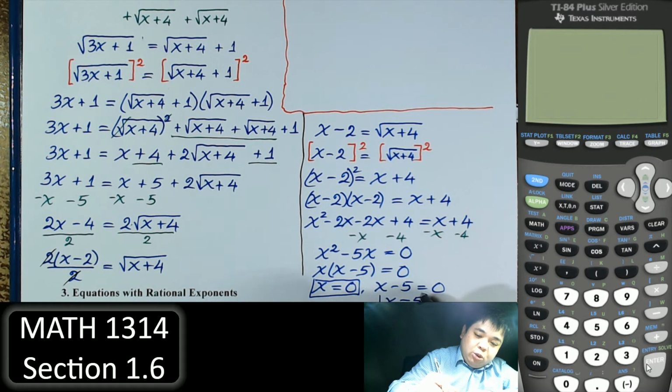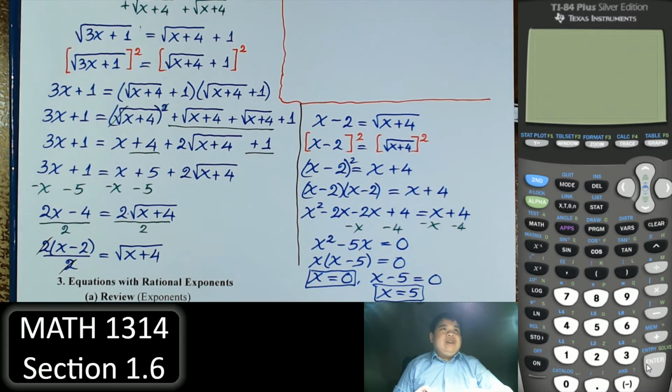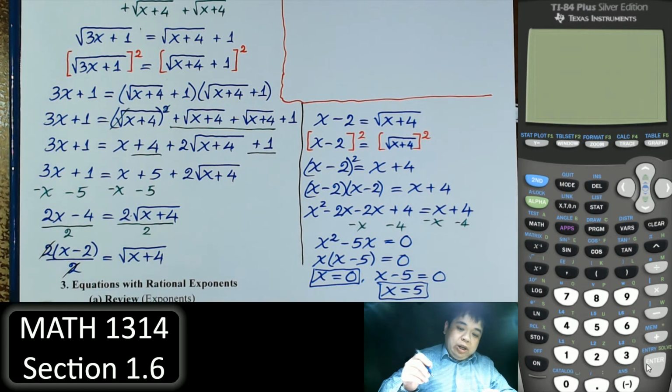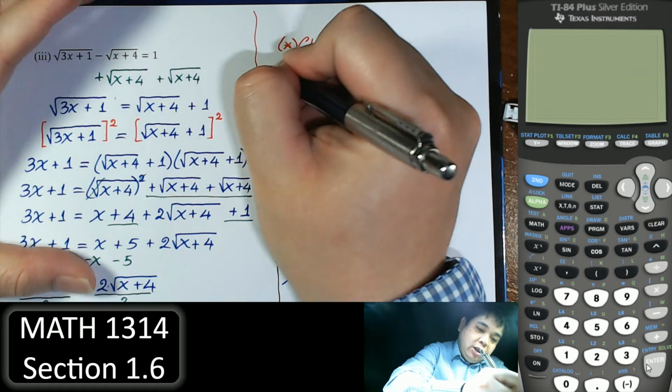Sorry, we shouldn't write like that because we do need to check the solution. Right, now let's put 0 in for x and 5 in for x and see what we get. Right, first I put in 0.